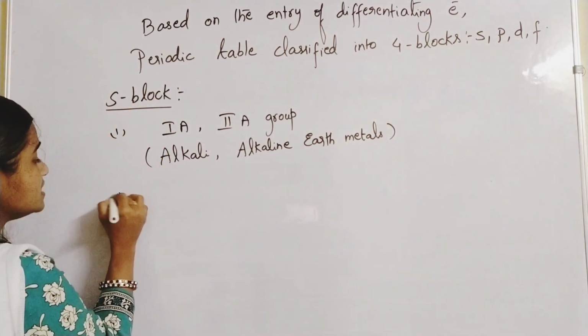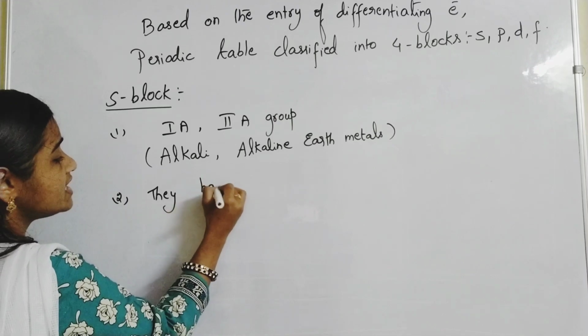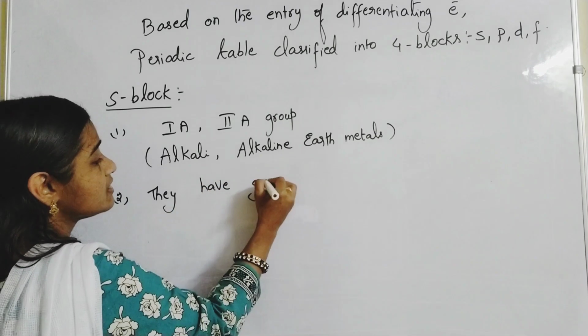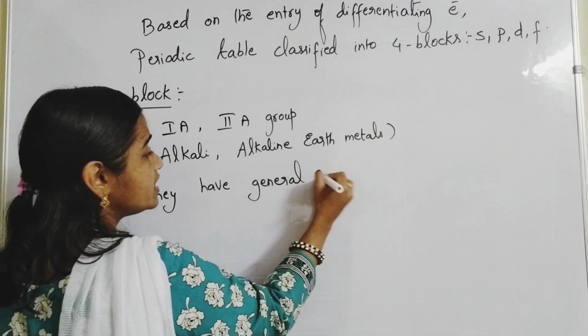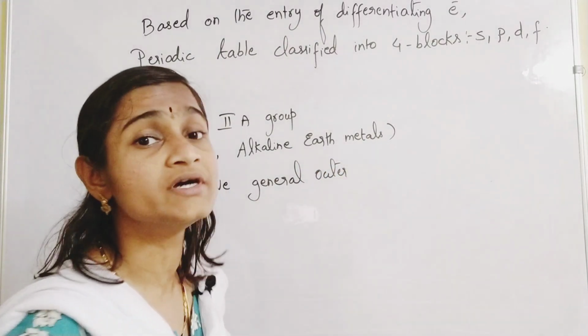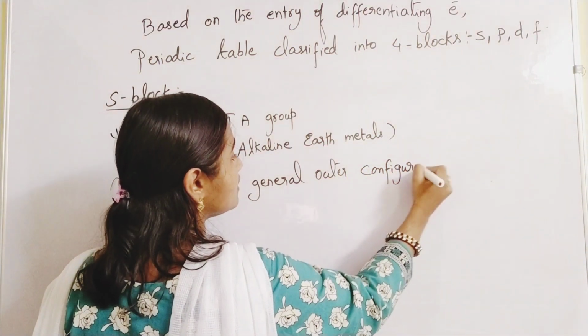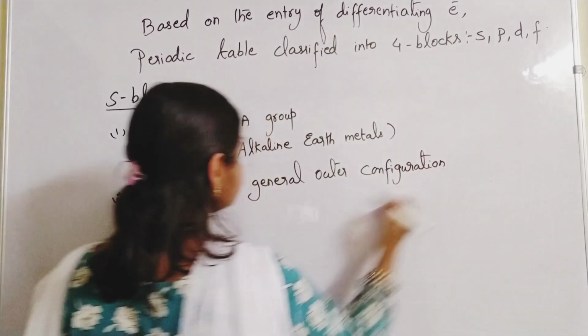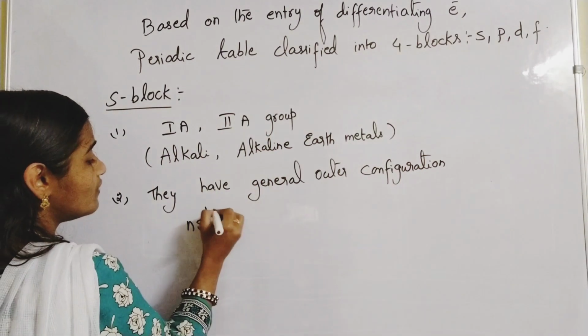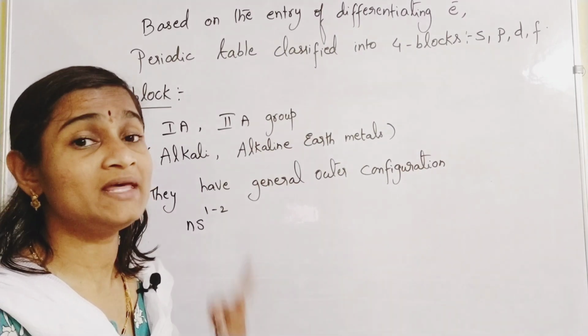So they have a general outer configuration. Outer means last orbit configuration. The general outer configuration is how much? ns1 to 2. Either it may be ns1 or it may be ns2.